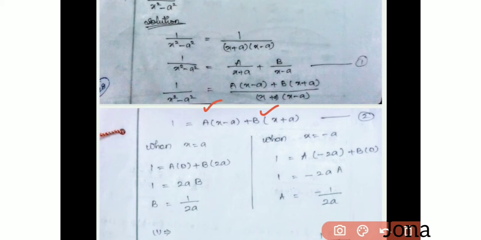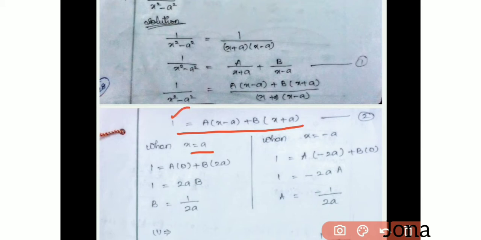In the first bracket I had x minus a, isn't it? Let this equal 0, so that I get x equal to a. If x equal to a, I can get some value here. Substitute x equal to a in this equation.